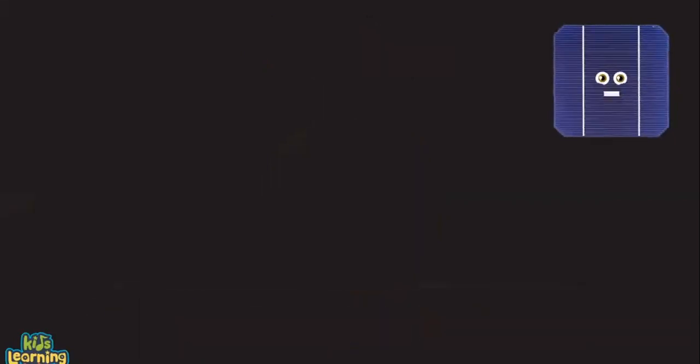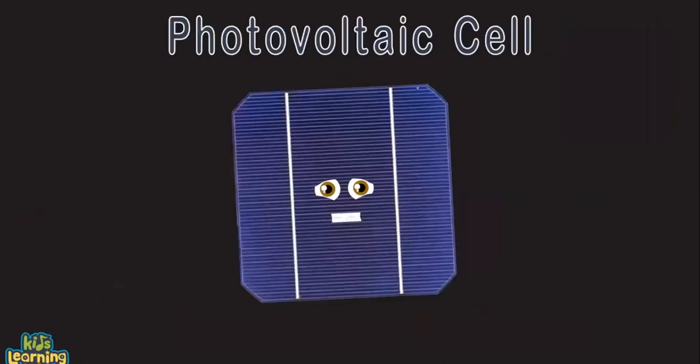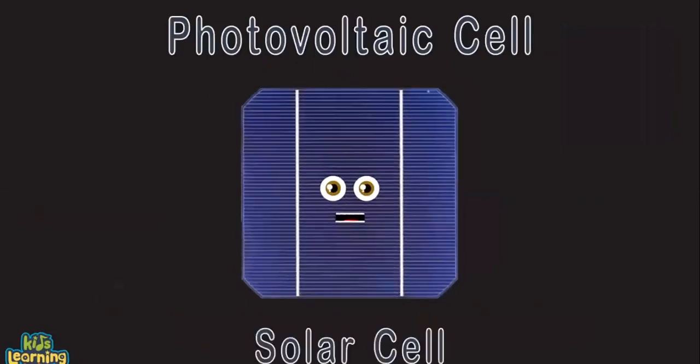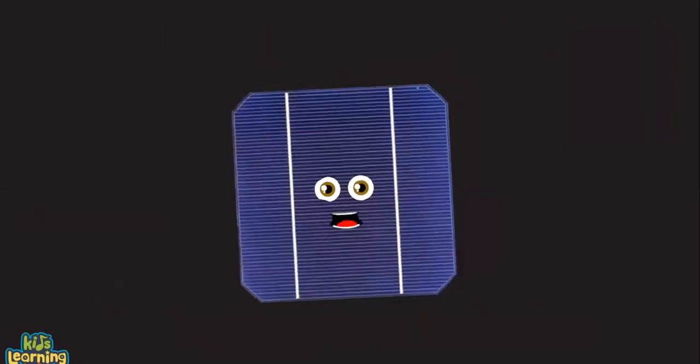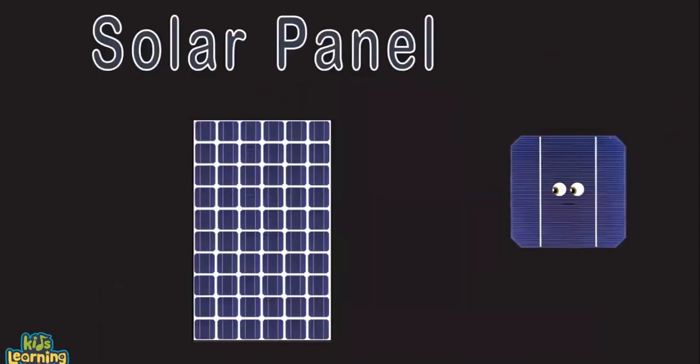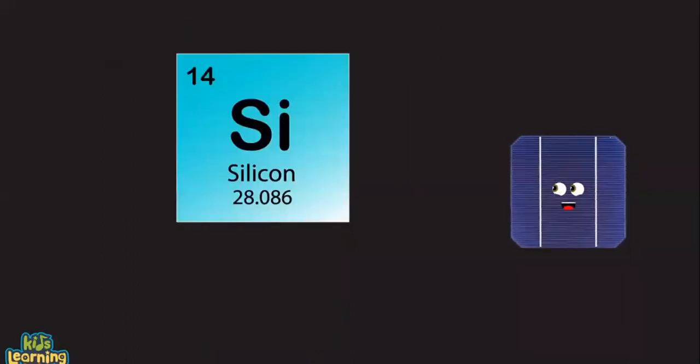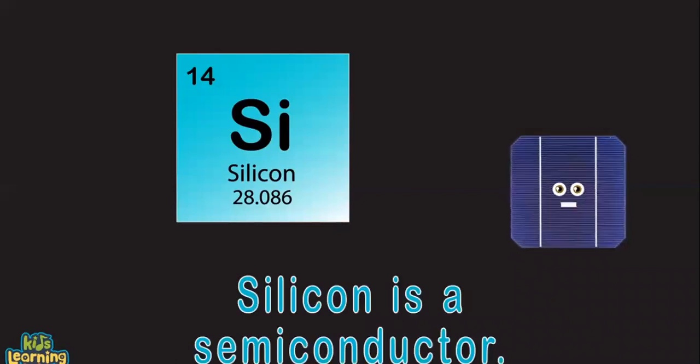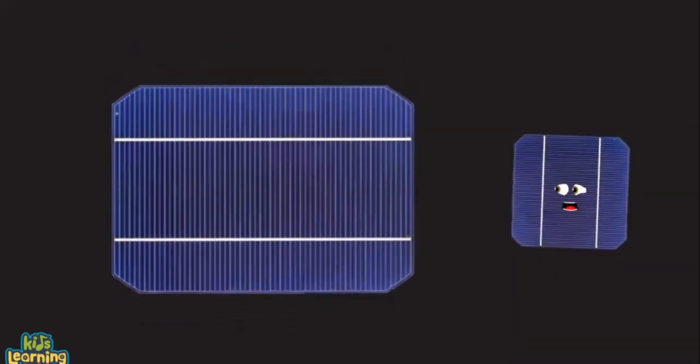I'm a photovoltaic cell, a solar cell you see. I'm like an electrical leaf, I use the sun to produce energy. Solar panels are made up of small solar cells. These cells are made from silicon, a semiconductor, and one of the most abundant elements on the planet Earth. In a solar cell there are 3 layers.